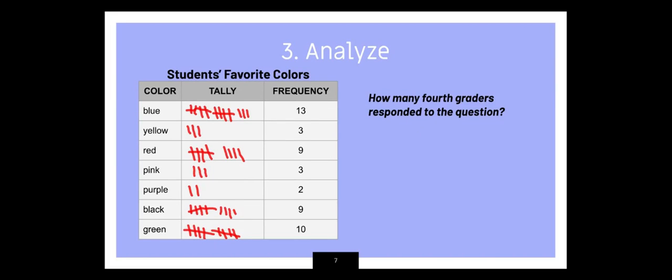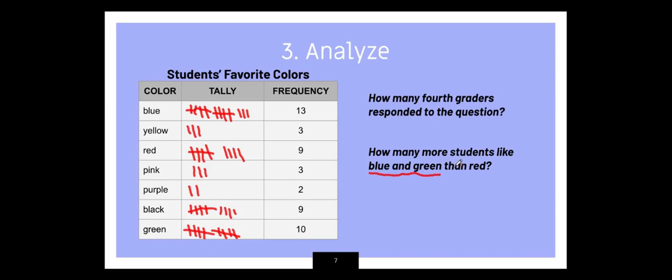Okay? But another question you could see might be, how many more students like blue and green than red? And it's super important that, with word problems like anything else, we really look for what we are given in our problem, what we know. So we want to know how many more students like blue and green than red.